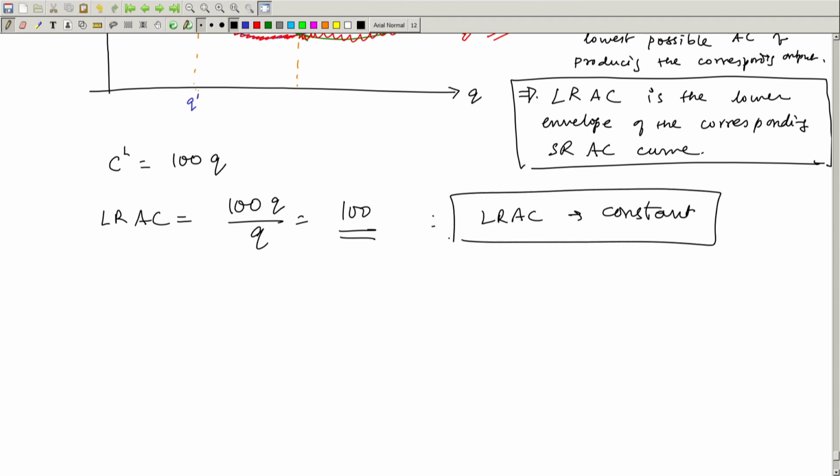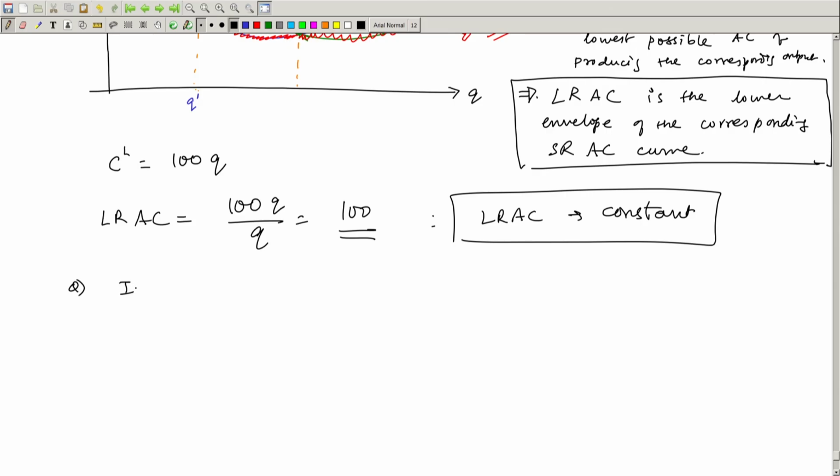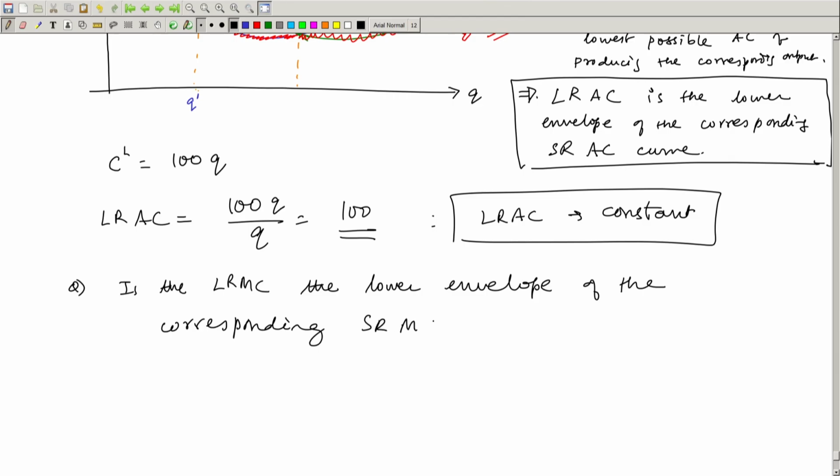Now, that leaves us with only the marginal cost, right. So, we have done the analysis of moving from short run cost to long run cost, short run average cost to the long run average cost, which leads us to the following question: is the long run marginal cost the lower envelope of the corresponding short run marginal cost curves, right?